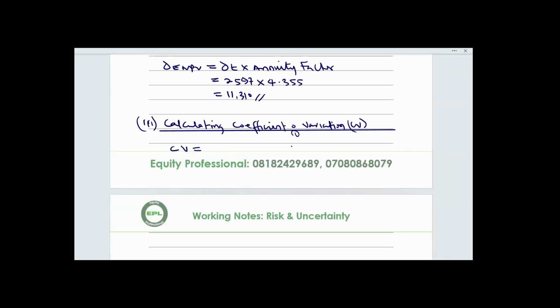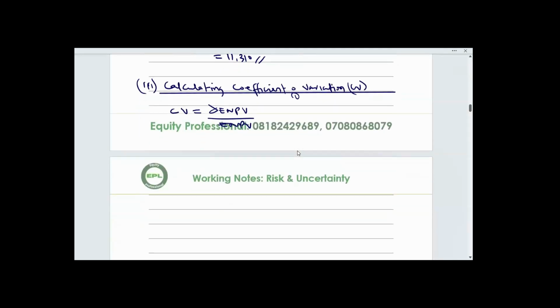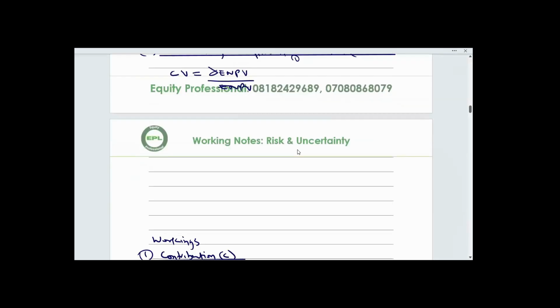Therefore, coefficient of variation will be standard deviation of NPV over expected NPV. So CV equal to 11,310 divided by 5543. So CV is equal to 2.04.